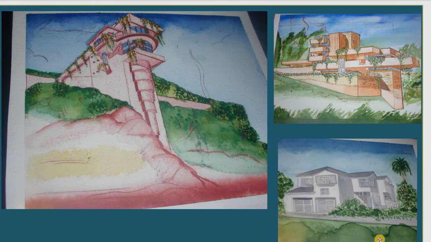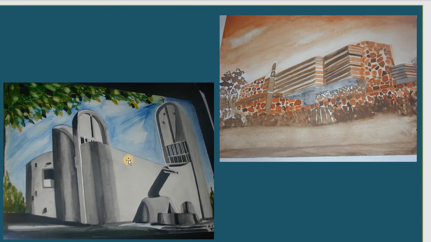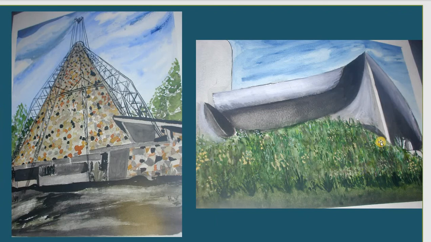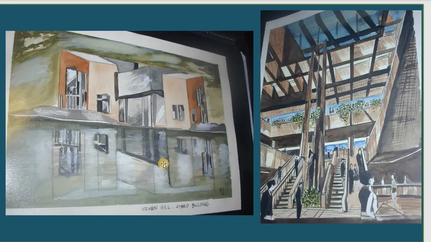This one I just colored, the president's house. This is the church, and this is another house. This is one house from Le Corbusier, and this one is the technology building interior, and this is interior design, and this one is from the outside.